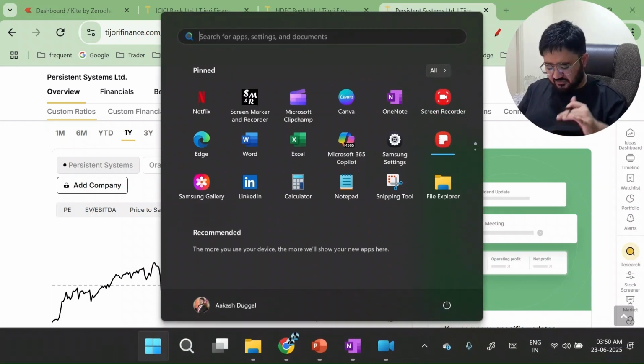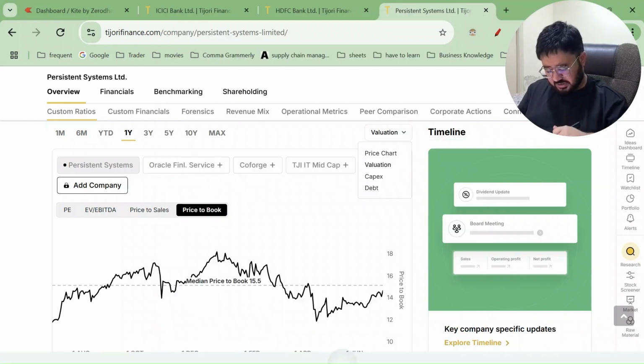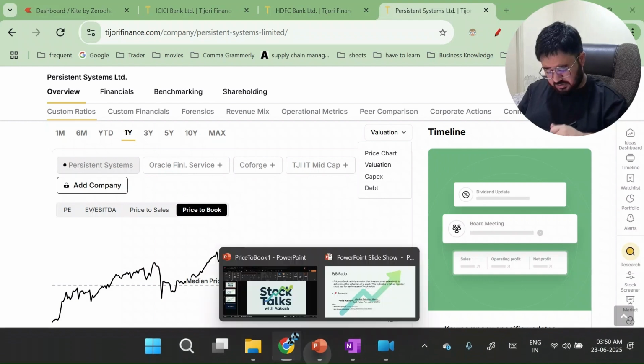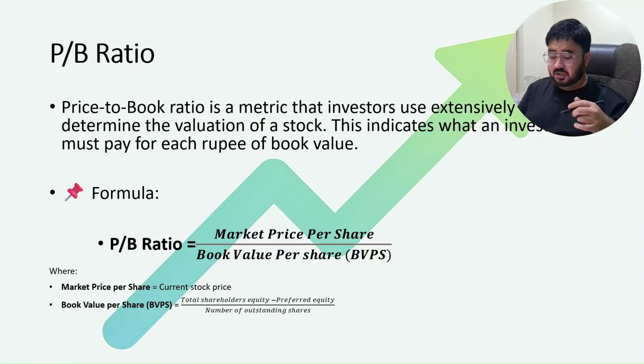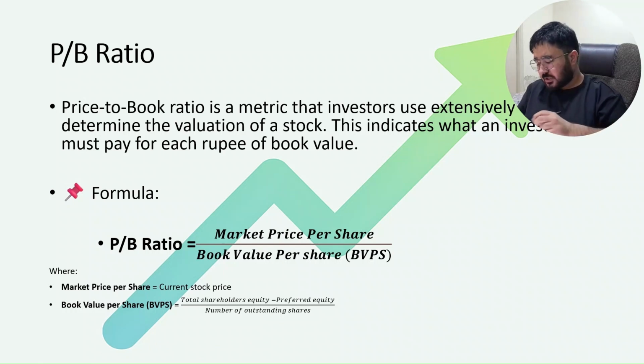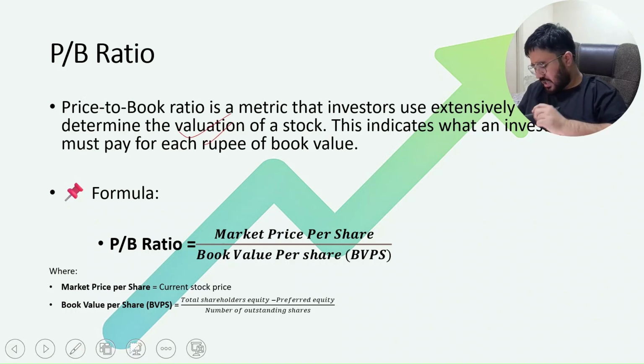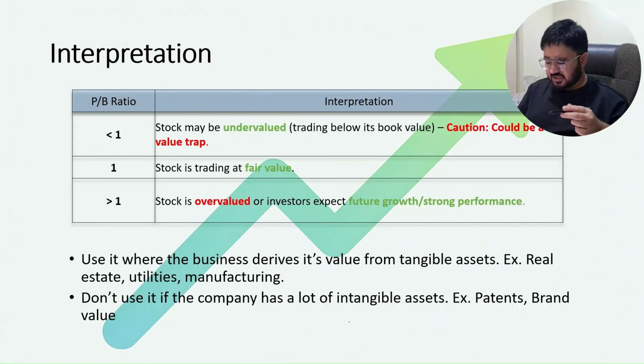So to conclude the video, let me take you to the conclusion slide. Price to book is extensively used by value investors to determine the valuation of the stock. And lastly, we interpret it in three categories.